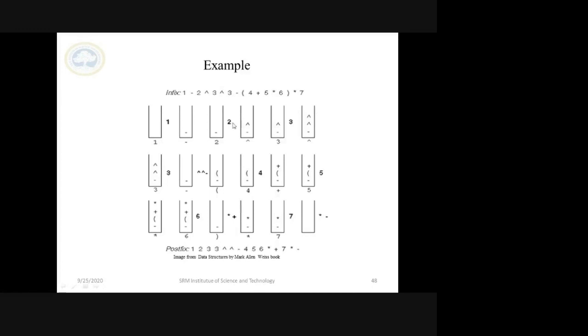Then the next 3 comes, and they output it. Next a minus comes. The power has a higher priority than the minus operator, so both are popped. For power alone, you can push directly with equal priority, and when you pop, they get popped out continuously. For power alone, keep that in mind.